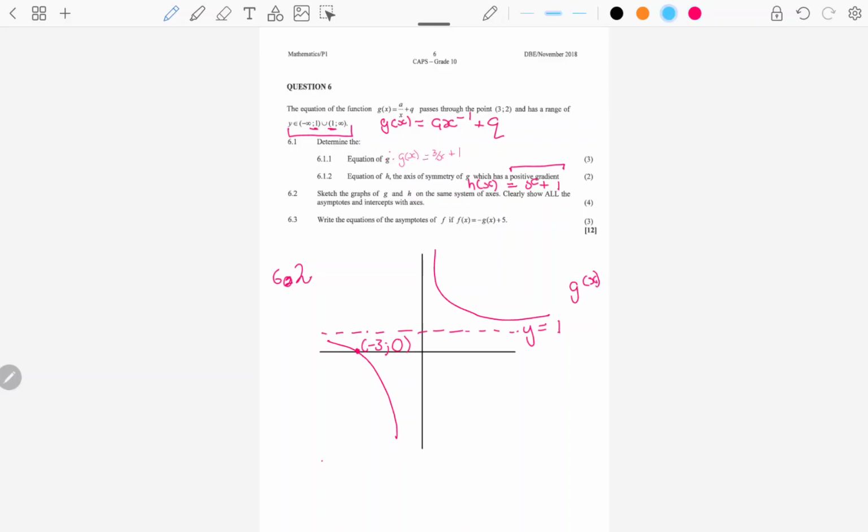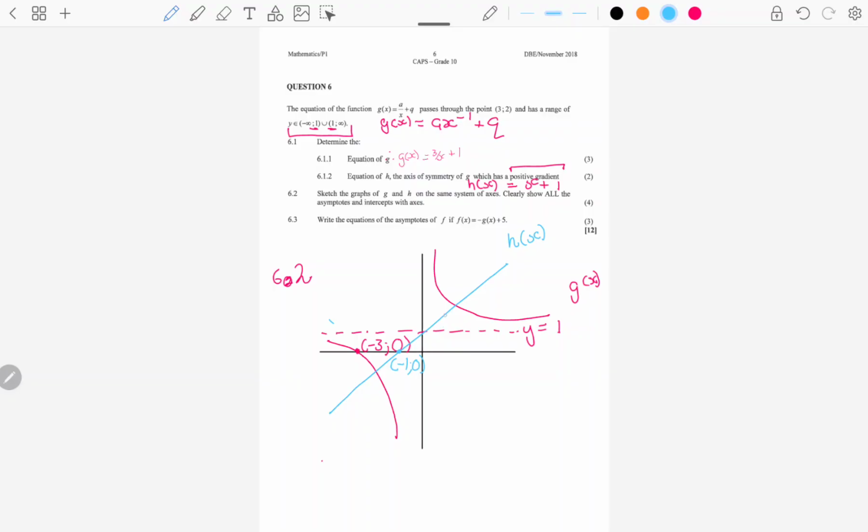And now we have to show our axis of symmetry, which is y equals x plus 1, which will go through there. This will be our x-intercept of negative 1. So we showed our asymptotes and our x-intercepts for all graphs.